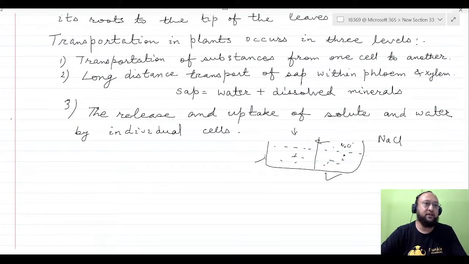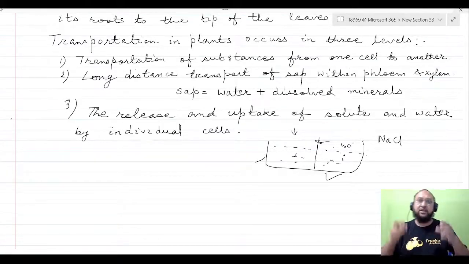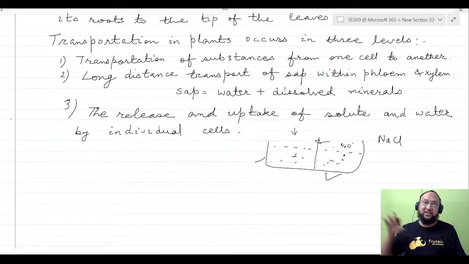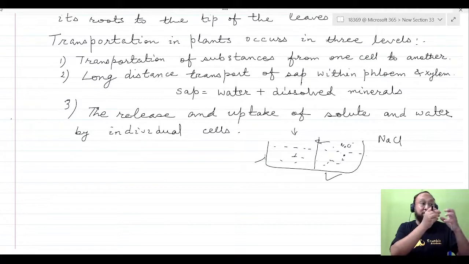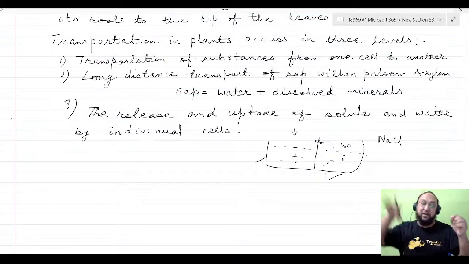Now what happens? Like I told you, when you burn an incense stick, the smoke comes, there is some kind of fragrance, and that will slowly mix in the surrounding air.